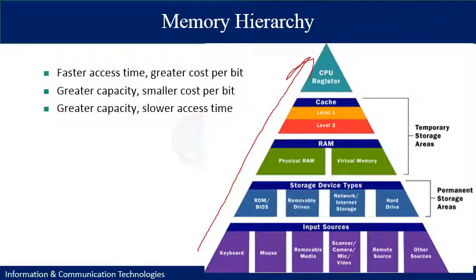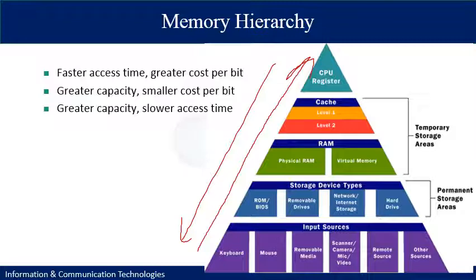It will increase in the reverse direction. If you look at the top of the triangle, you have CPU registers. Whenever the CPU wants to access some data from the registers, it is accessed at a very fast pace.